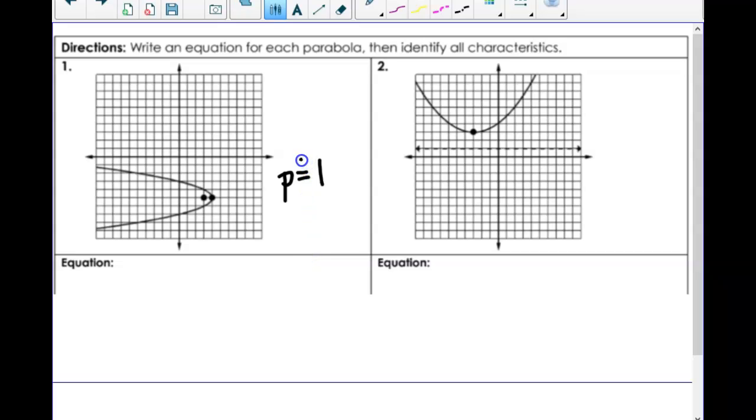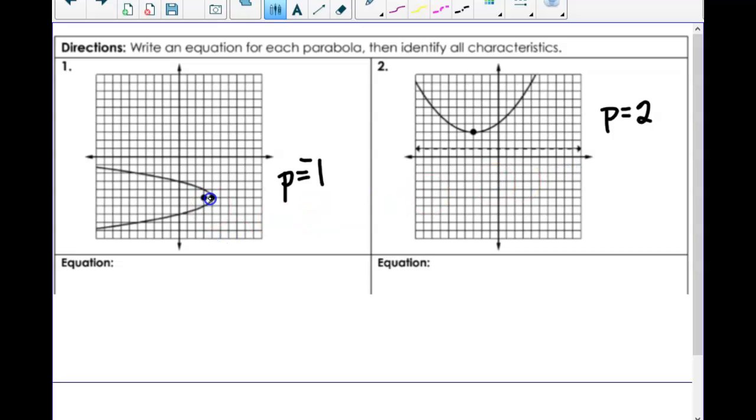Yeah, it's opening to the left, so it's actually going to be a negative, okay? But the distance is 1. What about number 2? P is this distance in between the vertex and the directrix, so P is 2. But this one's opening positive, so it's just positive 2.